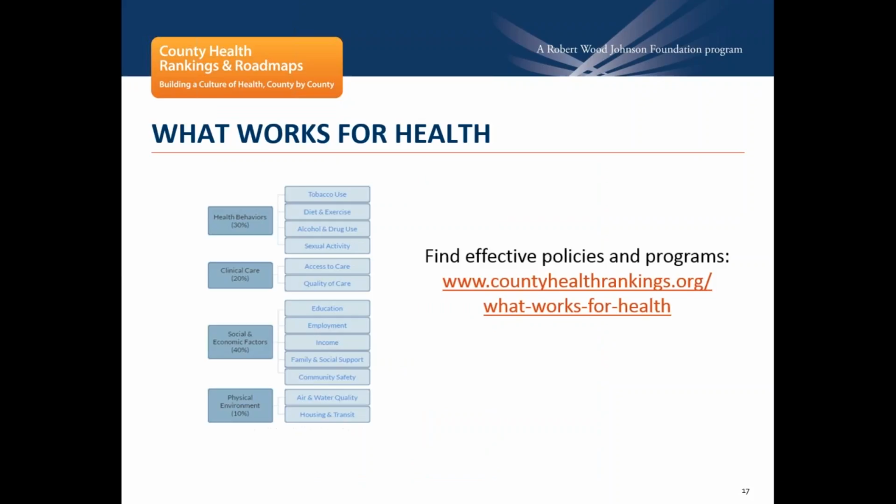We wanted to quickly share a resource: if you think back to our logic model, when you're looking for evidence-informed policies, programs, and strategies, we'd encourage you to check out What Works for Health, another online resource available within County Health Rankings and Roadmaps.